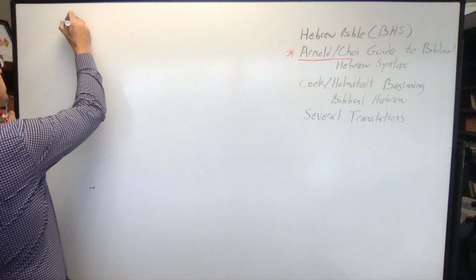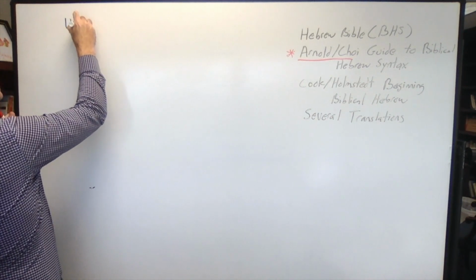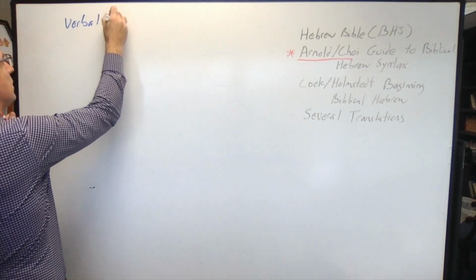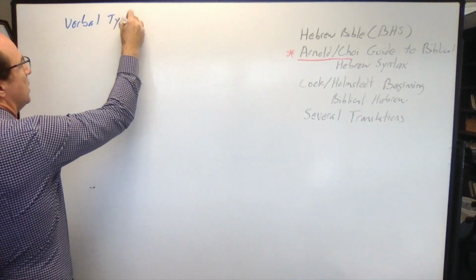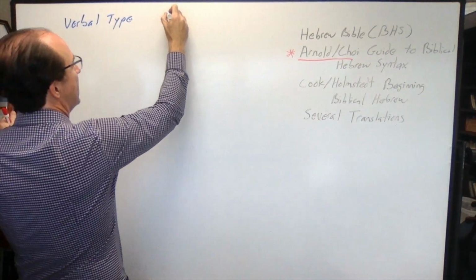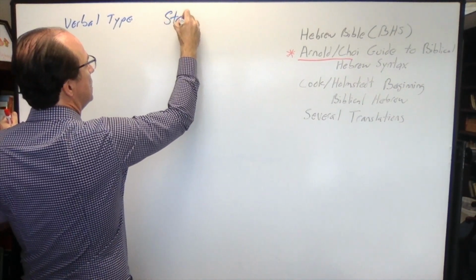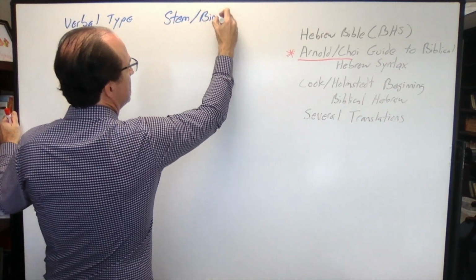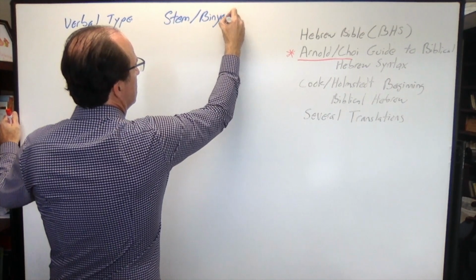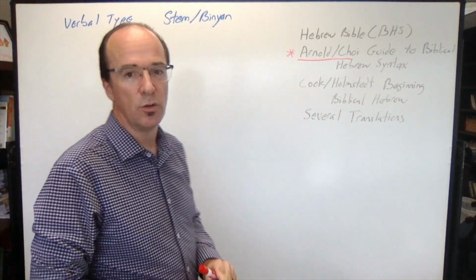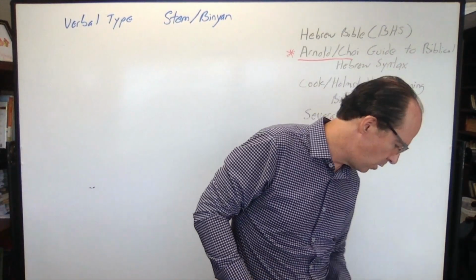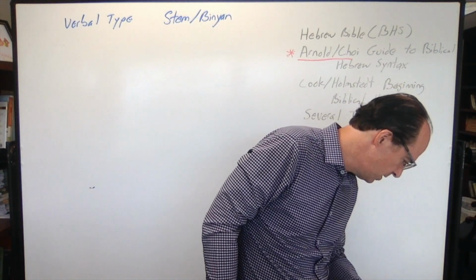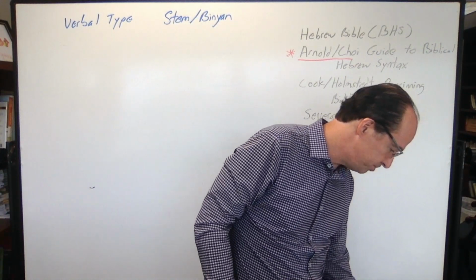We want to look at verbal type, and we're also going to look at the stem, or the binyan, as you learned in Cook-Holmstead. And so I will talk about that with you now.